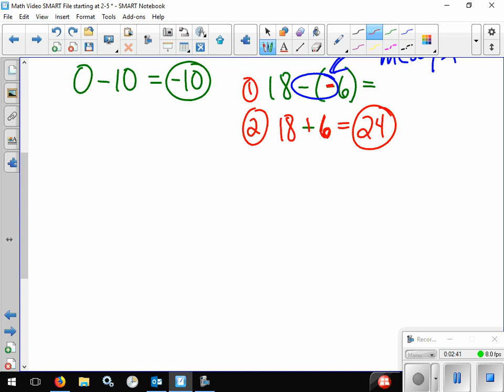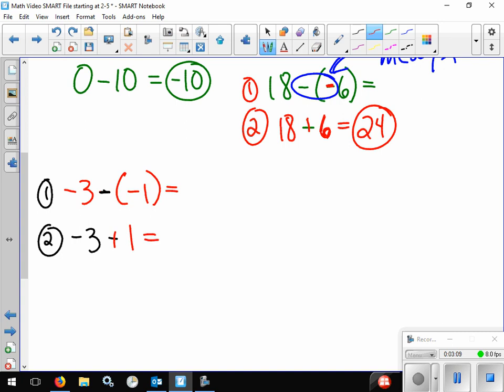Okay, let's try another one. Negative 3 minus negative 1. Well, we got negatives everywhere. So we wrote the problem first. Second step: it's negative 3 minus a negative, so you get addition.